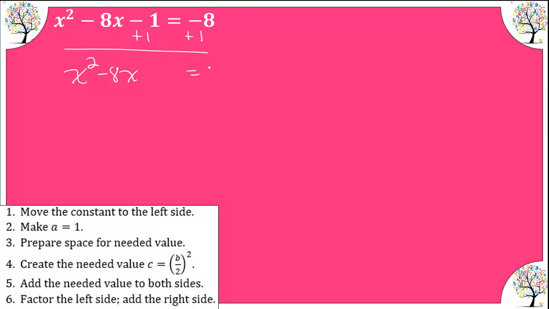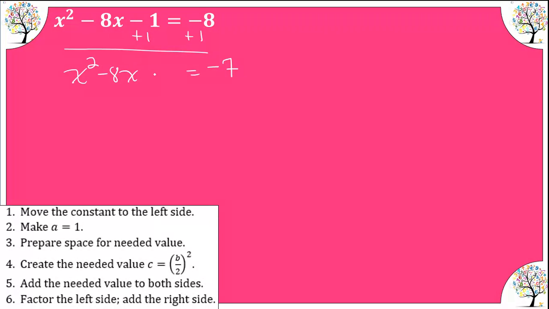We're going to create our own perfect square trinomial. The second step is to make sure our a value is 1, and it is. So we do not need to factor anything out. You want your quadratic to have a coefficient of 1, which we do. The next thing is to prepare a space, which I already do, to create a perfect square trinomial.